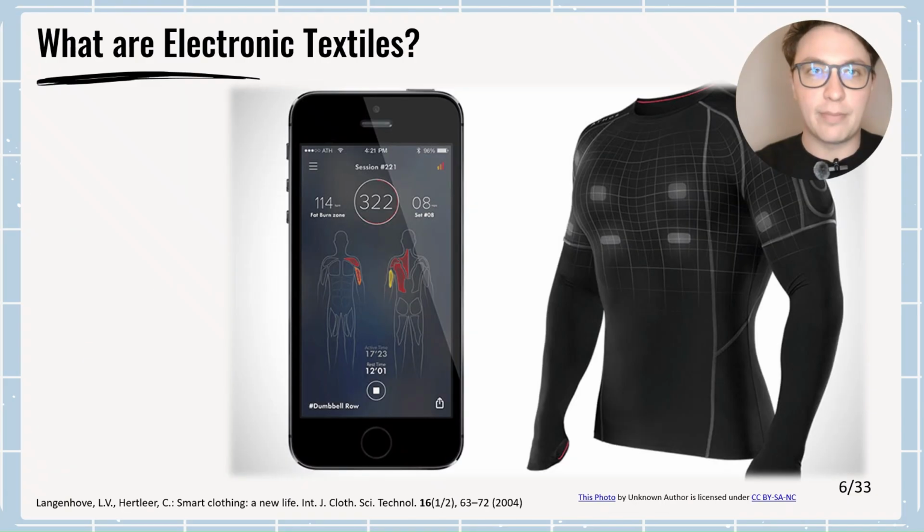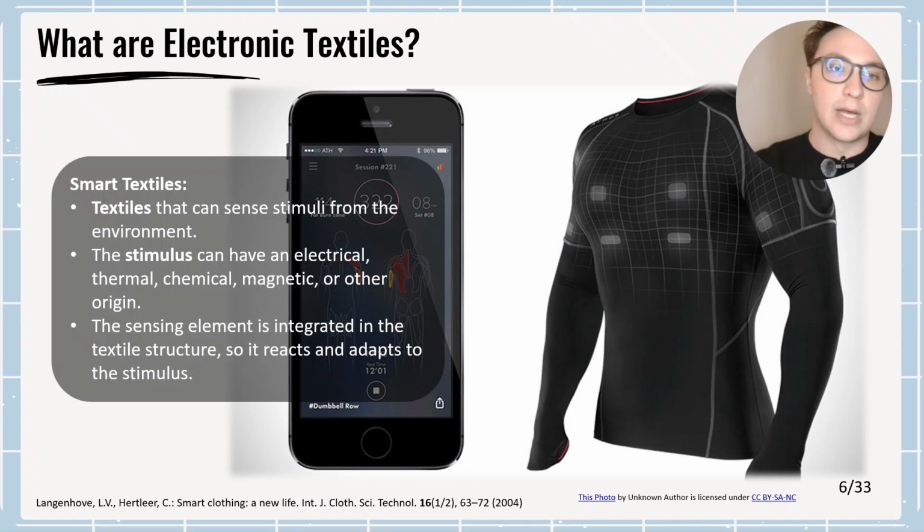Let's briefly make some distinctions. Smart textiles are basically textiles capable of sensing stimuli from the surrounding environment. The stimulus can be electrical, thermal, chemical, magnetic, or of other origin. And basically, the sensing element is integrated in the textile structure.